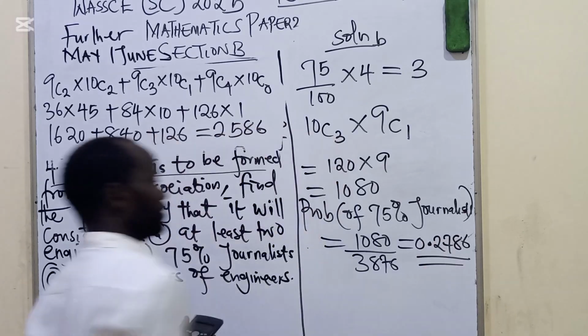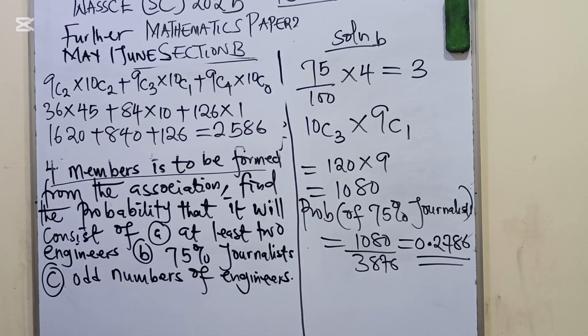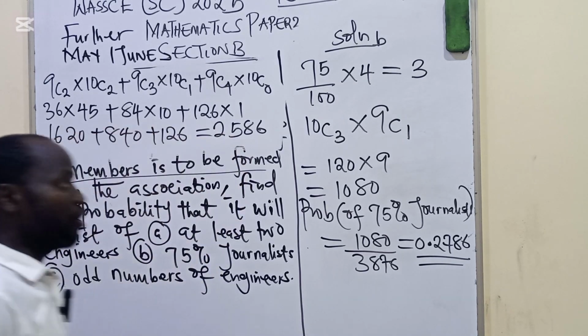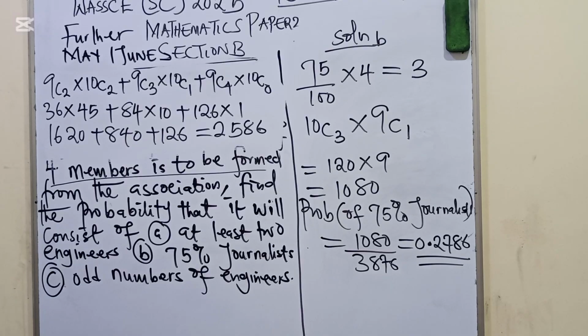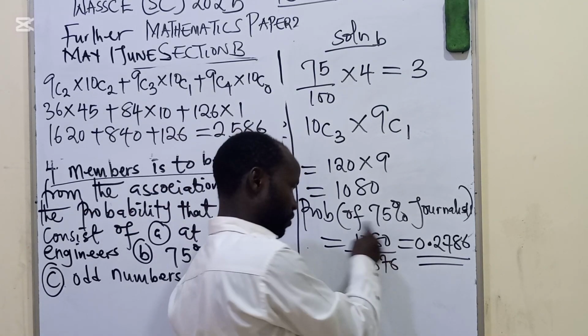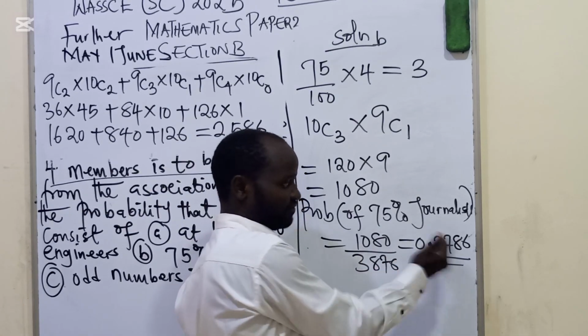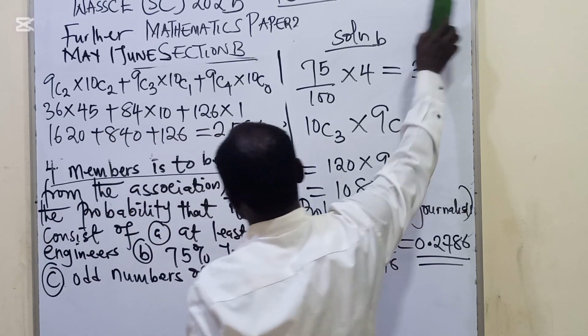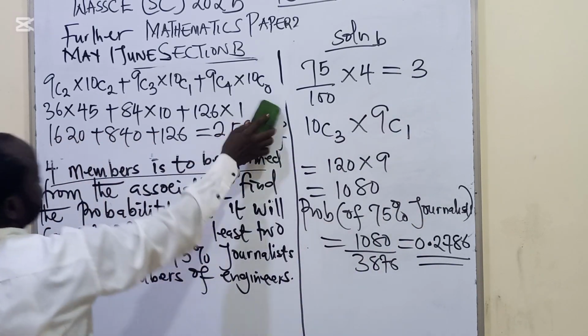So this will be the probability to B. The probability will be 1080 divided by 3876 or 0.2786. We can leave our answer as a fraction, whether we reduce this to its lowest term or leave it as a decimal, 0.2786. So this will be the solution to B.